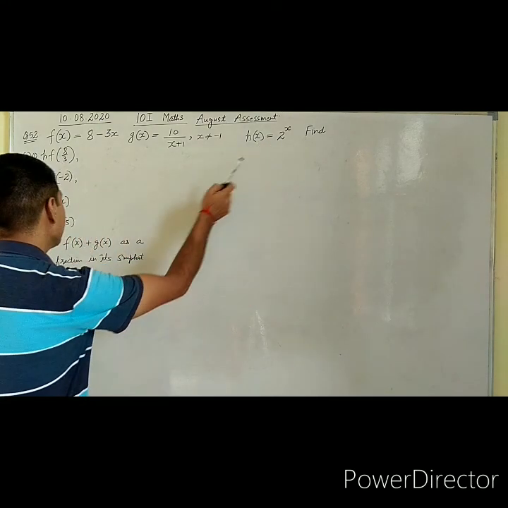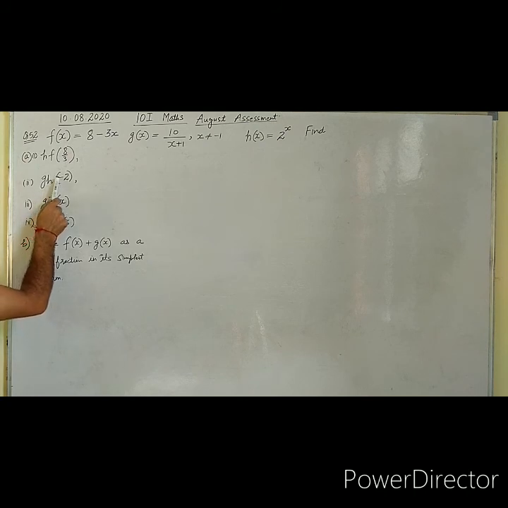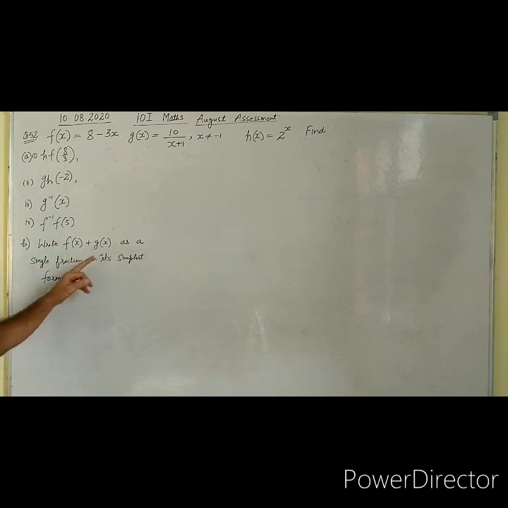We have to find first part hf of 8 by 3, second gh at minus 2, g inverse of x, f inverse of f(x), and the b part, write f(x) and g(x) as a single fraction in its simplest form.